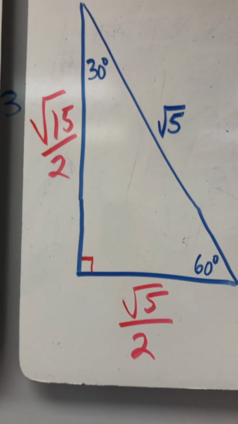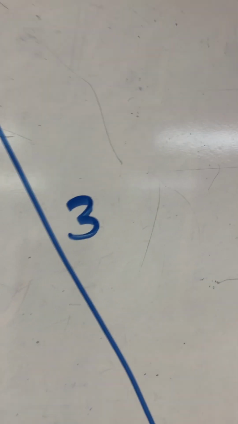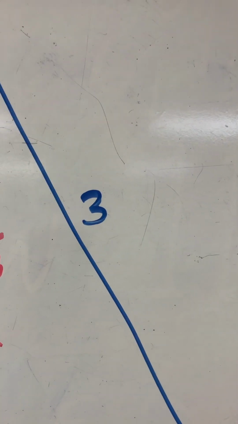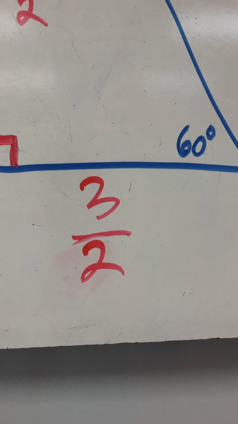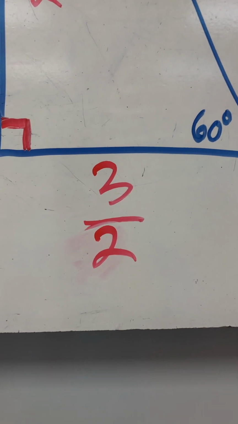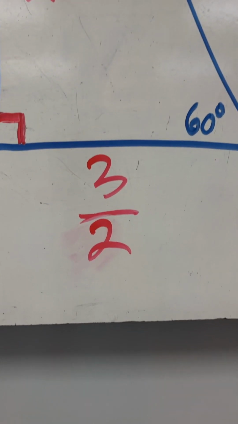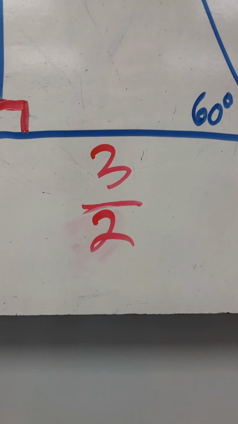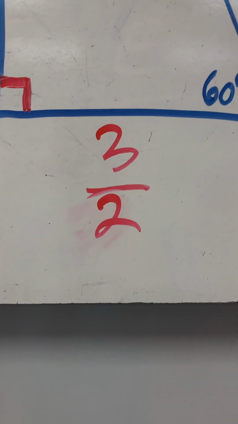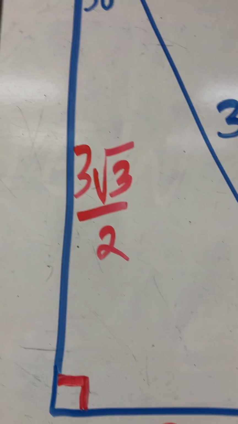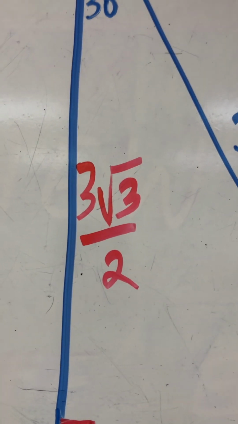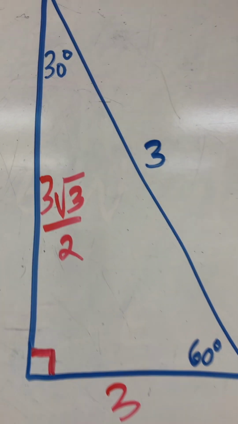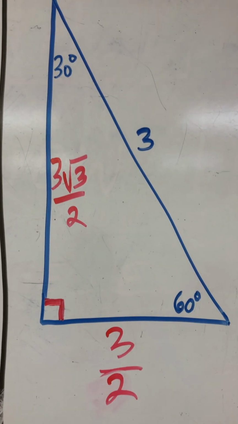What if you have just plain 3 for the hypotenuse? Doesn't that make the short side 3 over 2? 1.5, right? Just write it as 3 over 2. So what is the long leg? Wouldn't that be 3 square root of 3 over 2? Because you're just multiplying by square root of 3, right?